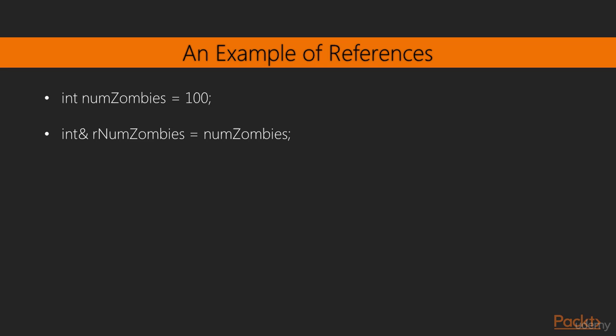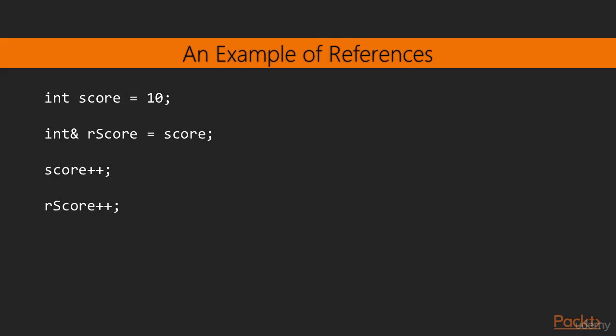Anything we do to numZombies can be seen through rnumZombies, and anything we do to rnumZombies, we are actually doing to numZombies. Take a look at this code snippet. In this code, we declared an int called score. Next, we declare an int reference called rscore that refers to score. Remember that anything we do to score can be seen by rscore, and anything we do to rscore is actually being done to score.